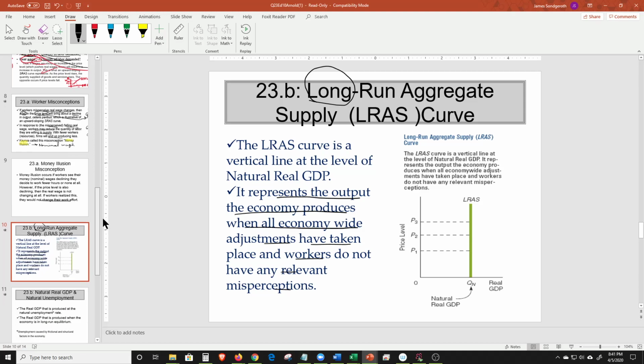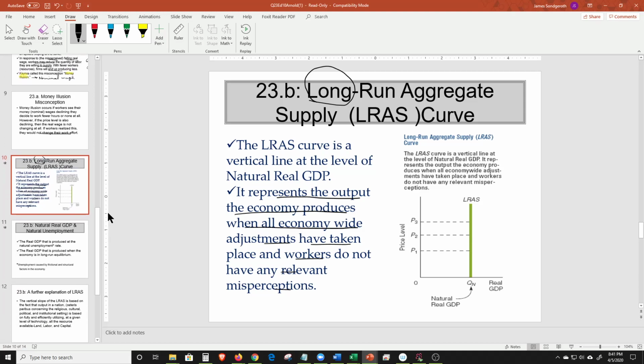Anyway, here is the situation where, even though the price level is changing, the opportunity cost of all goods remains the same. So the price remains the same and output remains the same. And that's the long-run aggregate supply curve.